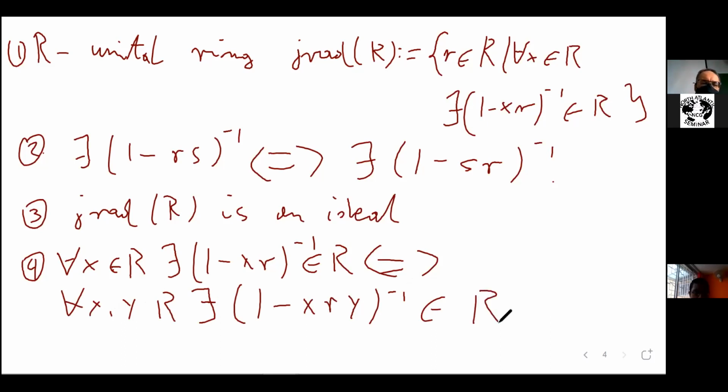And this is very useful. This is an alternative definition of a Jacobson radical. Let me now show you why this holds. Oh, this is very simple indeed.